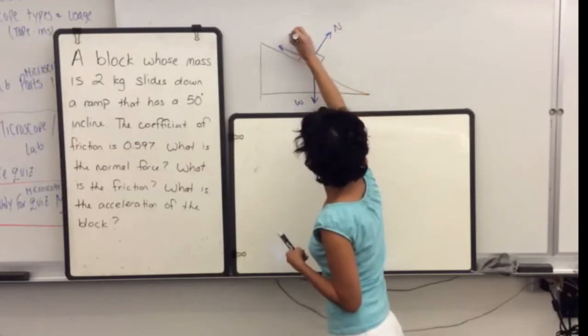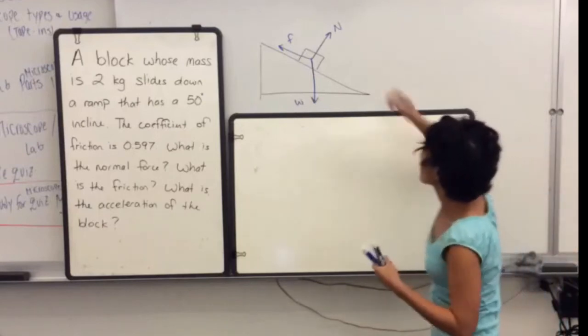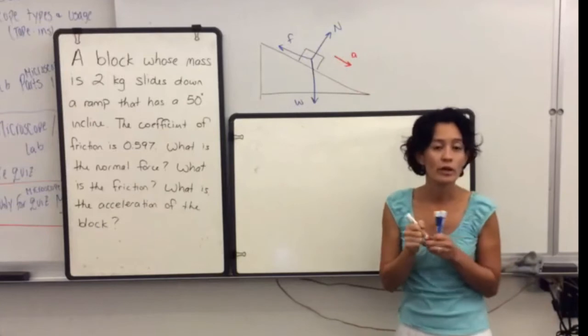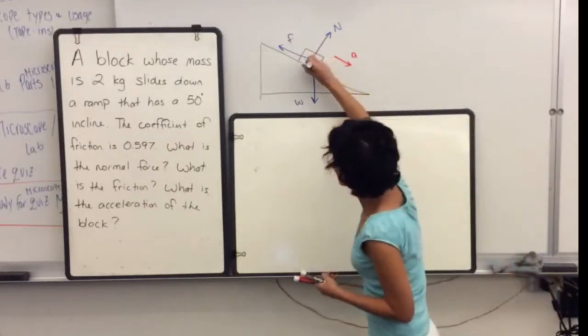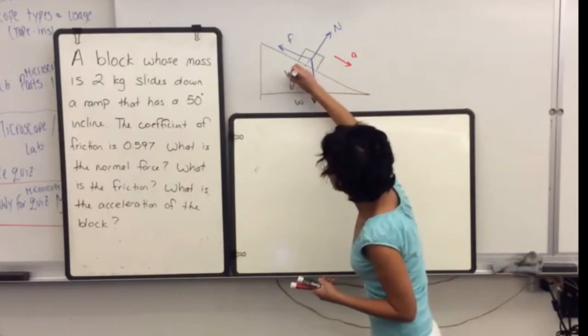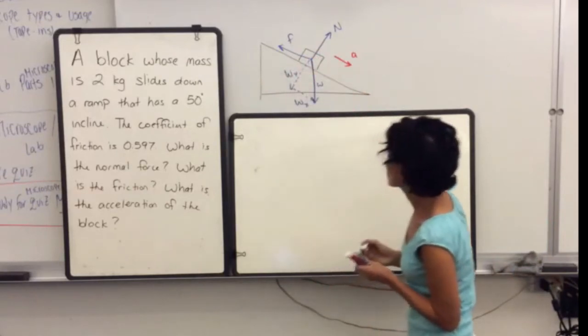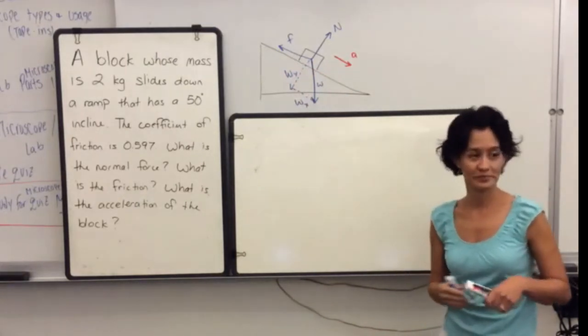Our friction is going to go off in that direction because we're definitely going to have an acceleration going down. And we know that we should be breaking up our weight into components. So we'll call that Wy, call that Wx, call that W. So remember, our first step is to always draw a force diagram.